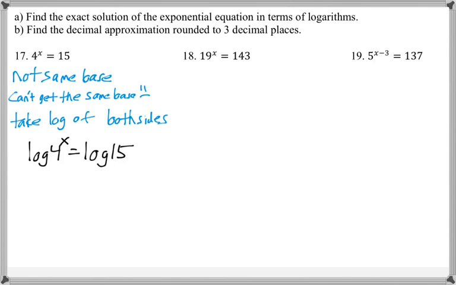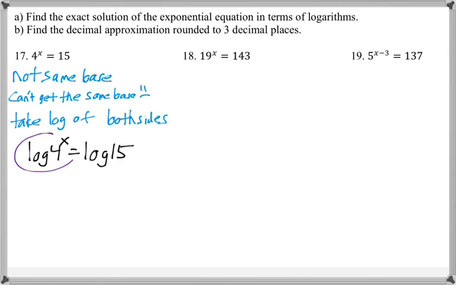So just like you're allowed to take the square root of both sides, just like you're allowed to square both sides, you are allowed to take the logarithm as long as you take it of both sides. And the advantage to this is that with logarithms, we're allowed to bring exponents down to the main level. And we're only allowed to do that with logarithms.